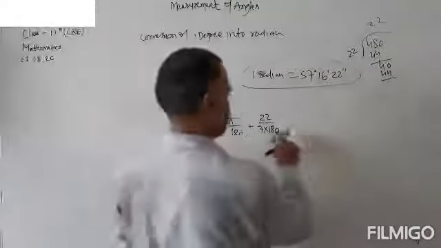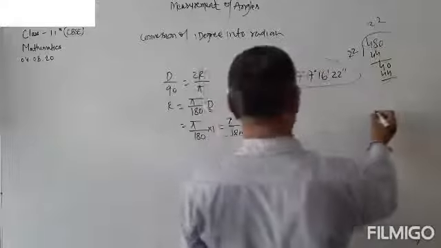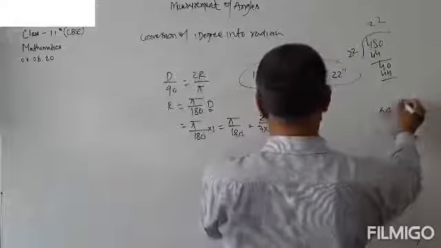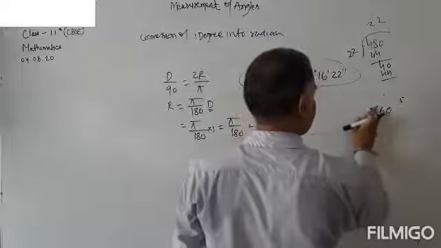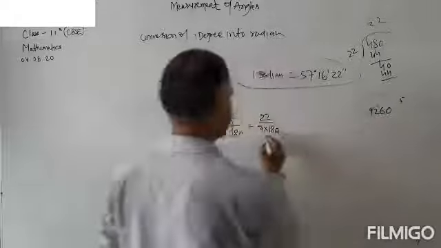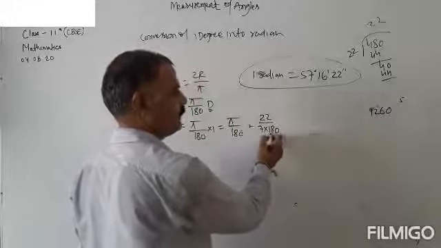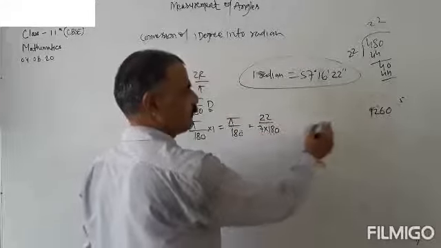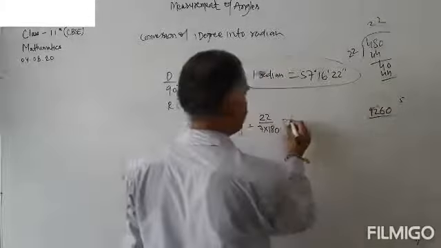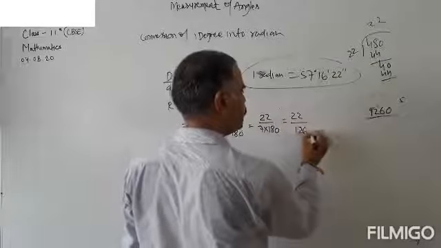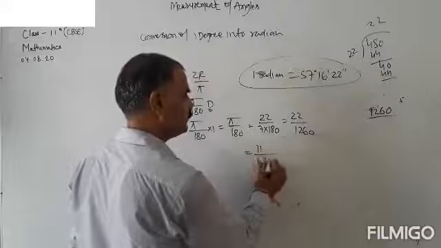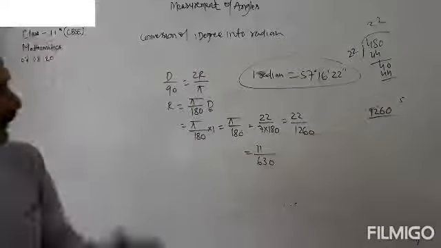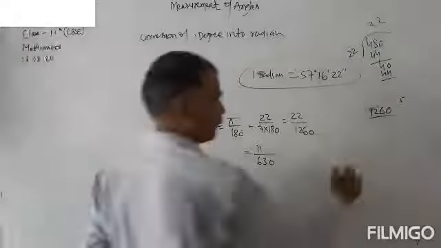Now multiply 7 into 180, that is 1260. So 22 will divide 1260. That is, 11 will divide 630.